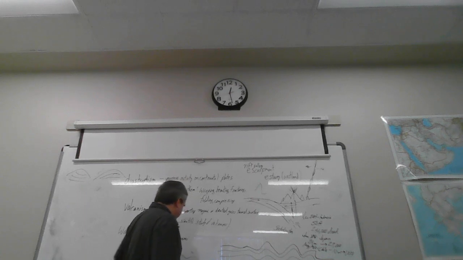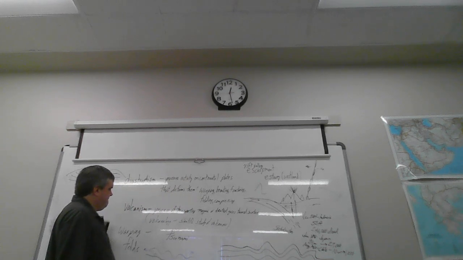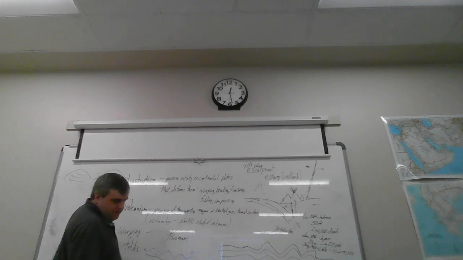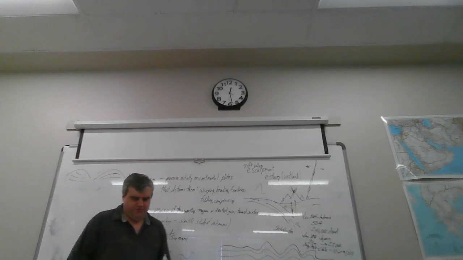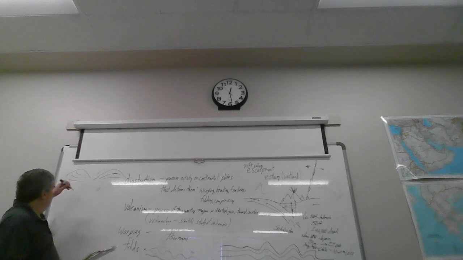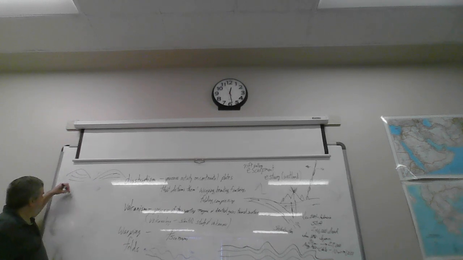Now, volcano types. Back to volcanism. Got two classic forms of volcanoes. First is the stratovolcano, also called a composite volcano.